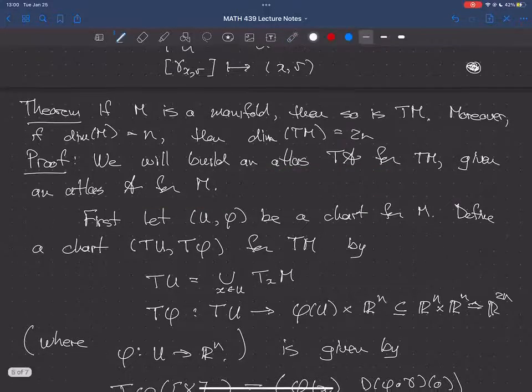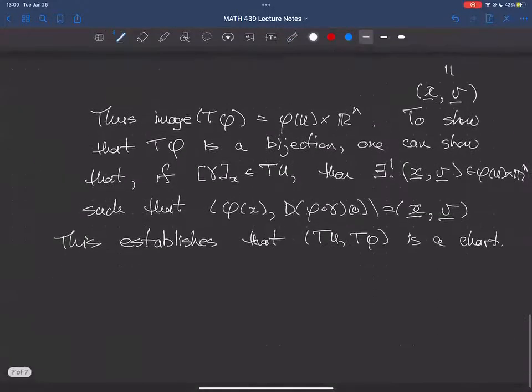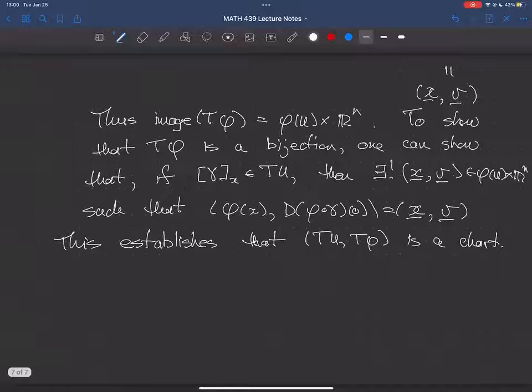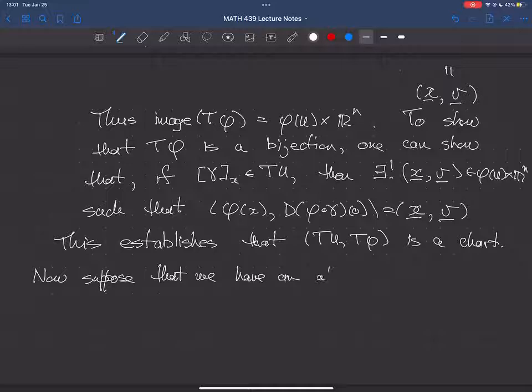So now I need to work with the overlap condition. Now suppose I have a bunch of charts.